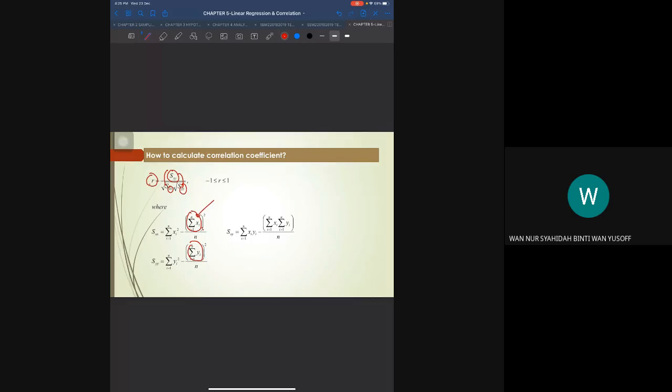So the calculation here is quite simple. You can use your calculator to get all the summation values, no need to calculate manually. Use your calculator and obtain the summation values, but you have to key in the data.